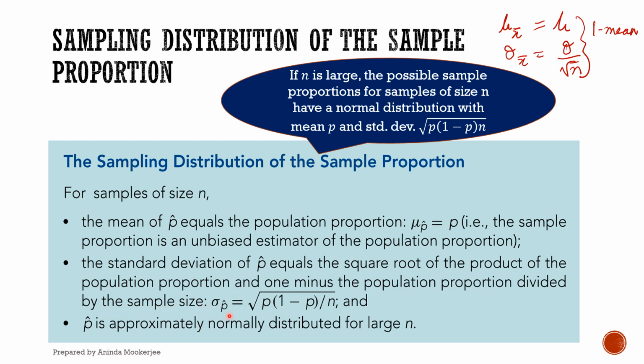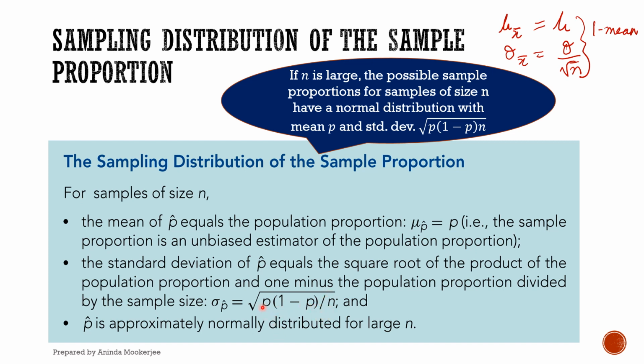So this is how it's going to look. Sigma of p hat, that means the standard deviation of the proportions, is equal to square root of p times 1 minus p divided by n.